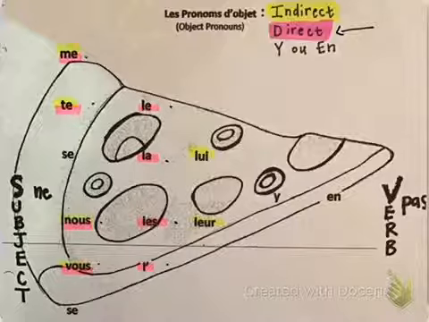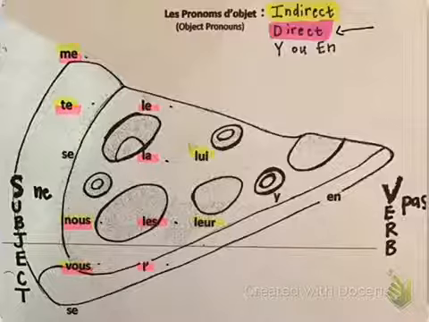So placement-wise, this just helps give you a visual, okay, where do I want to put this? So if we want to say the students heard you, oh, we've already done you. Let's do this one. So let's say Laurent and Xavier, they study them.